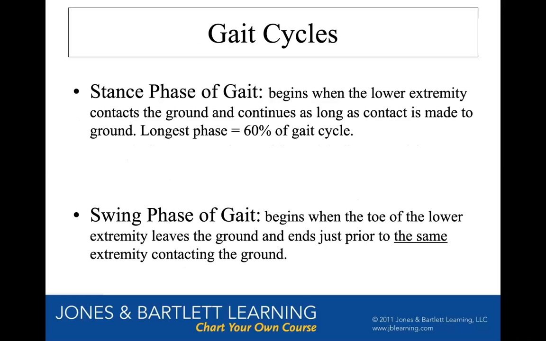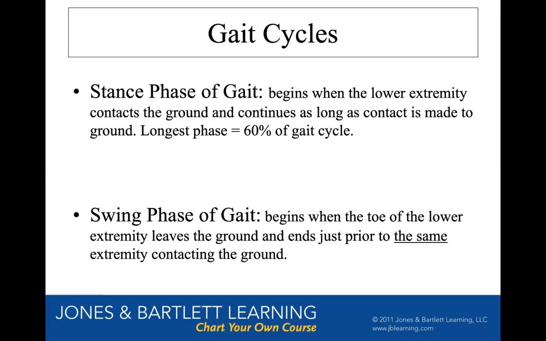So just to divide gait into two, gait is divided into two phases or cycles: stance phase and swing phase. As you probably can guess, stance phase is when a leg is in contact with the ground. And swing phase is when a leg is not touching the ground, when it's swinging through the air.